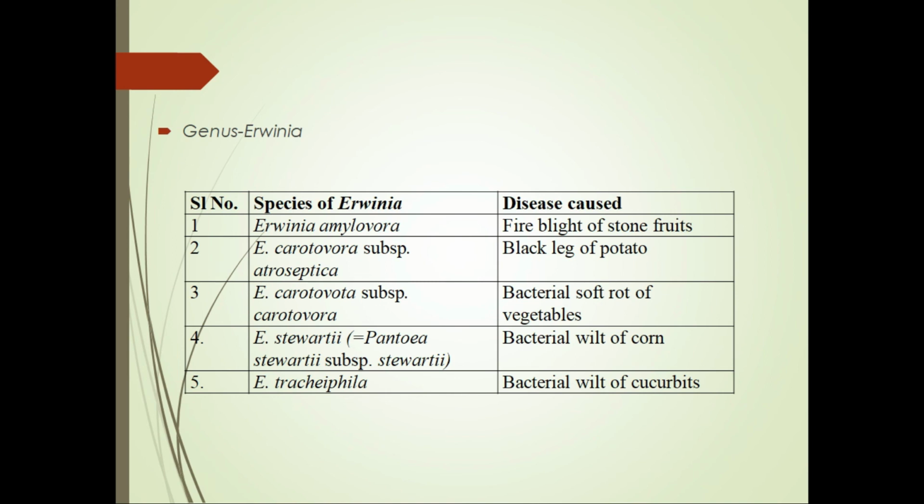So we have here two types of Erwinia. One is soft rot causing, another is blight causing. The soft rot causing bacteria are grouped under Erwinia carotovora. We have the carotovora group and another, the amylovora group. The amylovora group does not produce pectinolytic enzymes. The carotovora group produces pectinolytic enzymes and causes soft rotting.